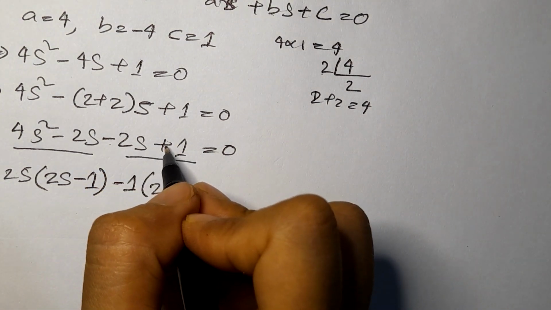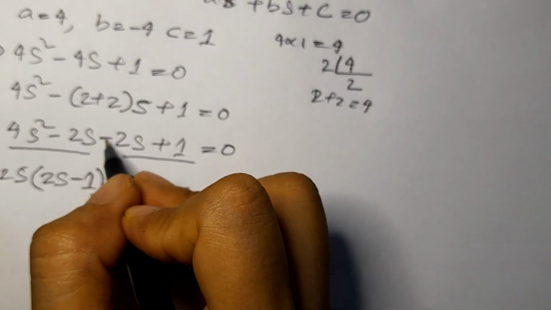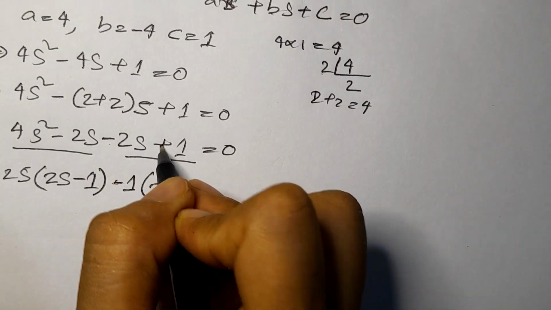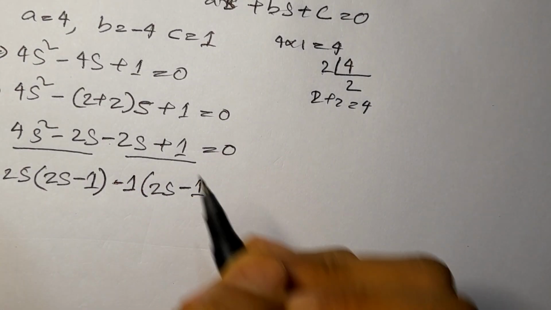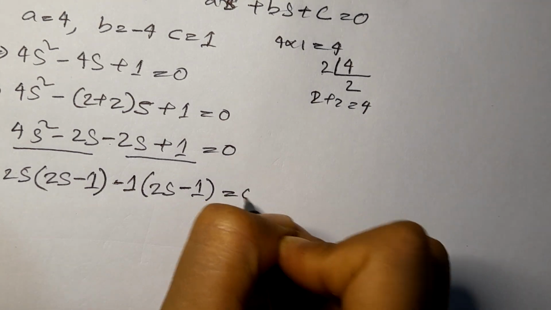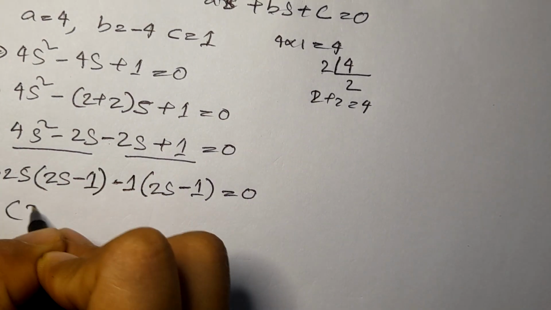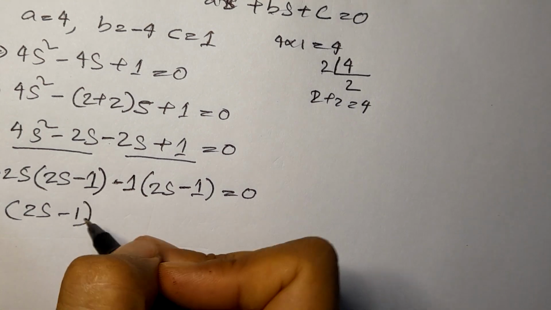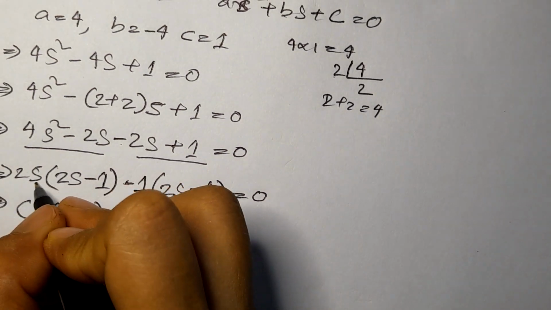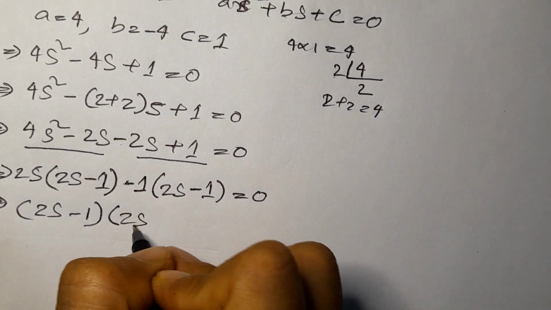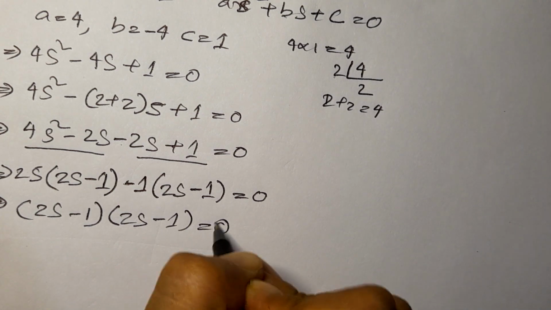Minus into minus, that is plus, so it will be minus 1 equal to 0. So now which one is same? Write it first. There is 2s minus 1 bracket, what is the remaining? 2s minus 1 equal to 0.